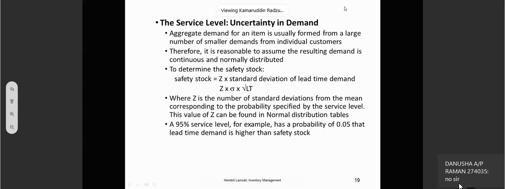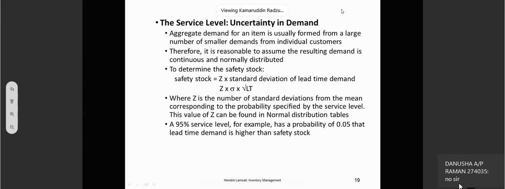So the formula for the safety stock is Z value multiplied with the standard deviation of lead time. Where the Z value is the number of standard deviations from the mean corresponding to the probability specified by the service level, and this Z value can be found in the normal distribution table.